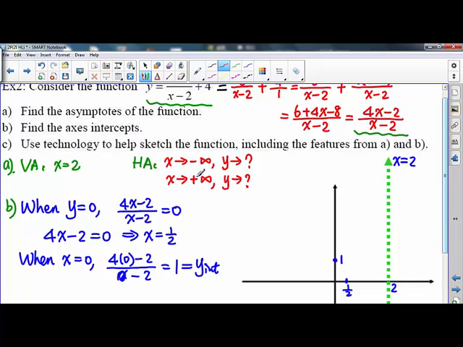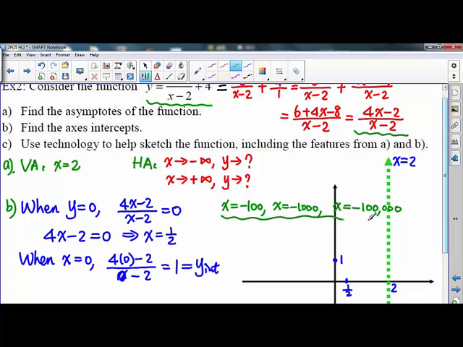If you have trouble, the best way is I just pick up some x values. For example, x is negative 100, x is negative 1000, or x is negative 1 million, or negative 10,000 or 100,000. Let's look at what the y values are for each x value.